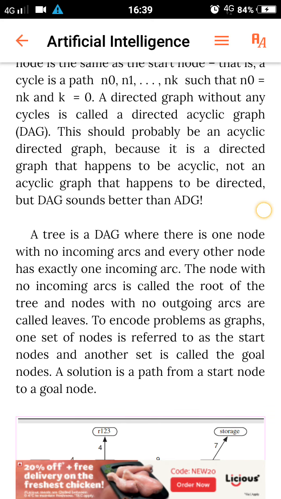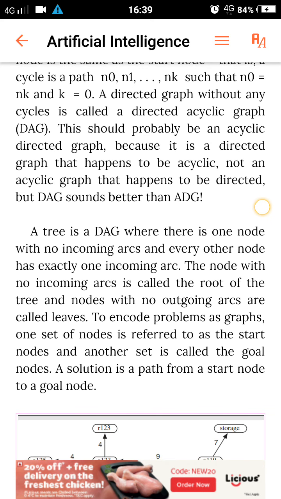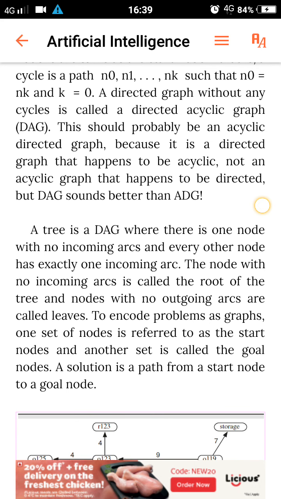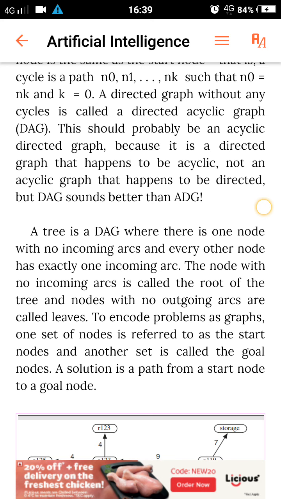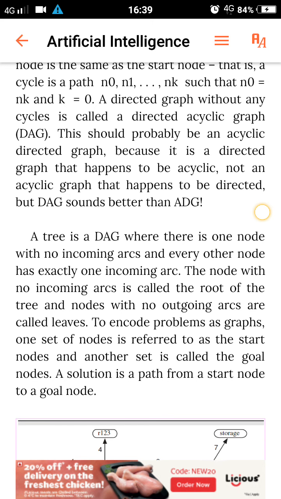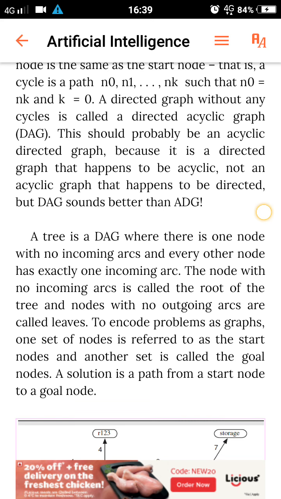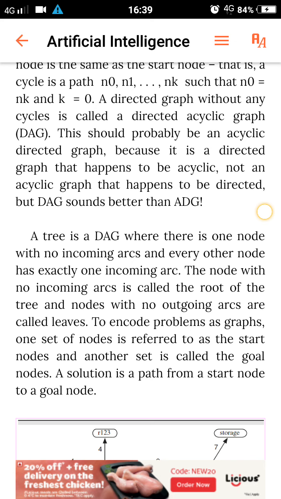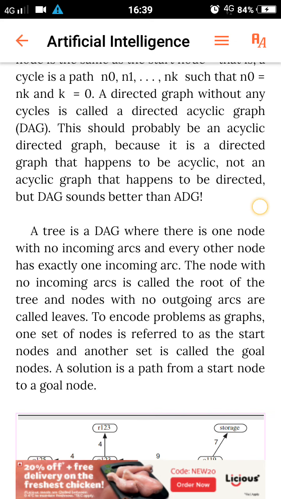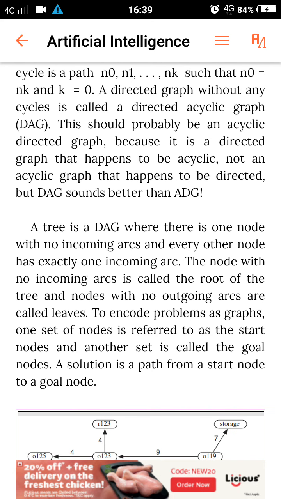A directed graph without any cycles is called a directed acyclic graph, DAG. This is the full form of DAG.